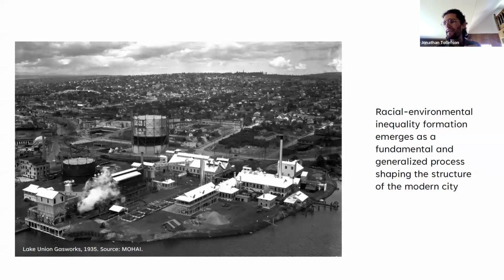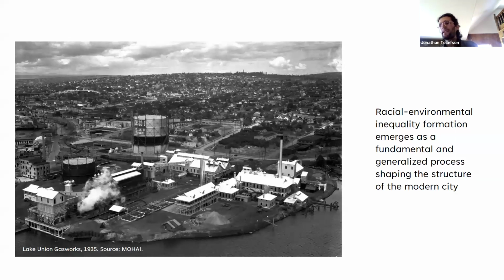So I'm finding evidence that environmental inequality is likely deeply embedded in unequal spatial structures that emerged in the early 20th century that have largely persisted since then. Urban environments, thus, emerge as a key part of the racialization of urban space in US cities.